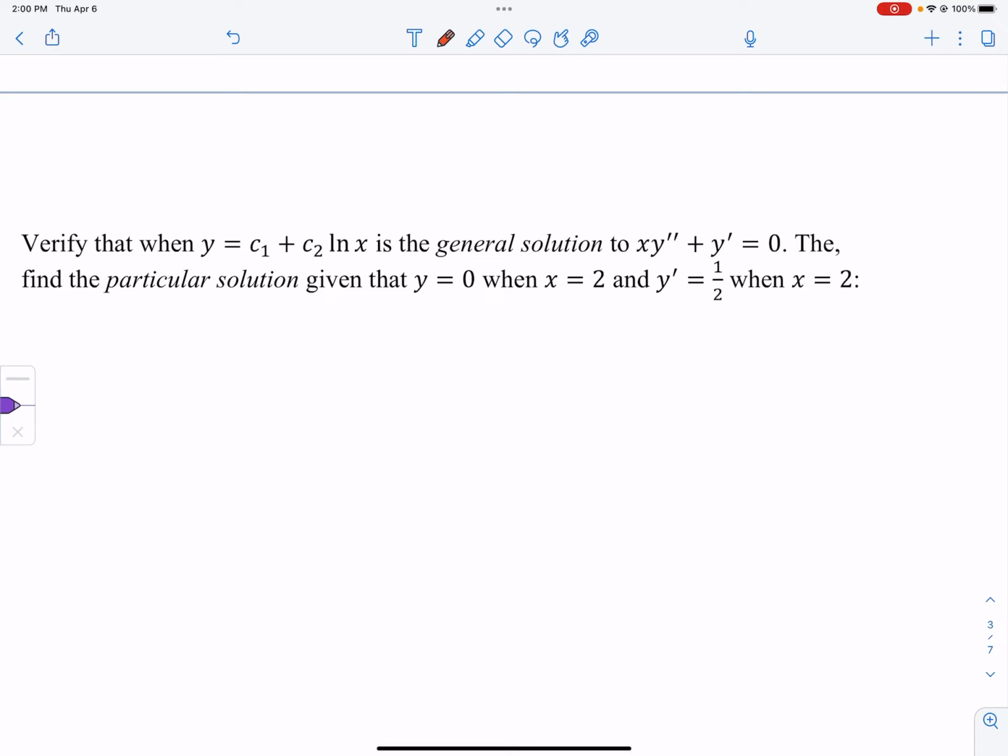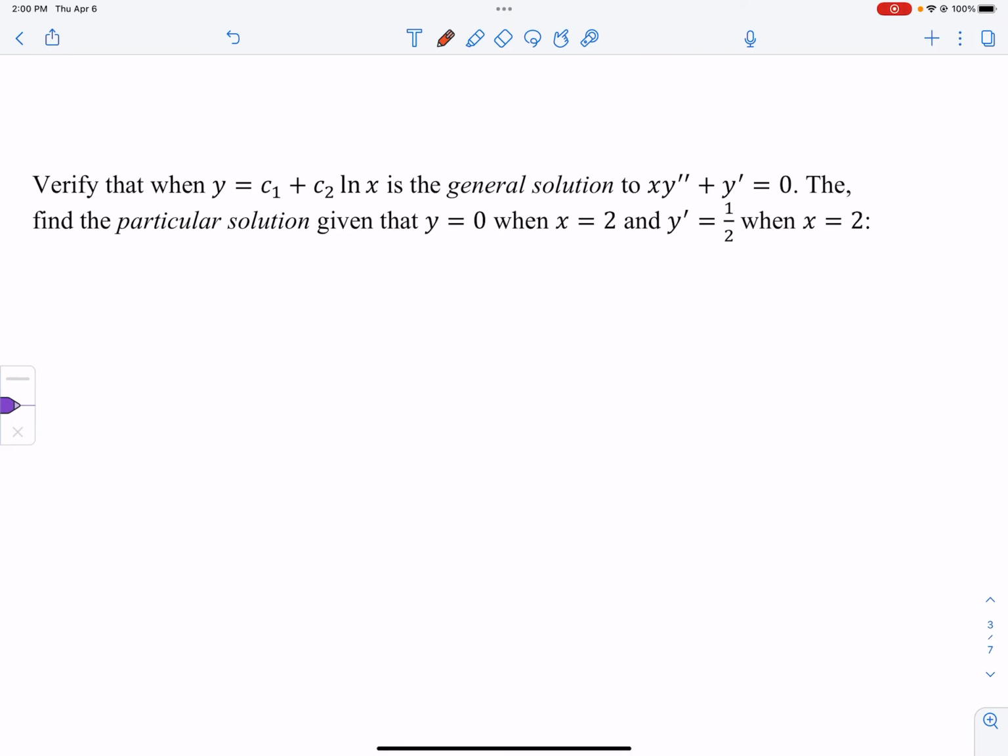Okay, and then this is slightly different, but we just want to verify that when y equals c sub 1 plus c sub 2 natural log of x is the general solution. So notice that we have those arbitrary constants in two places, but is the general solution to x times y double prime plus y prime equals 0.